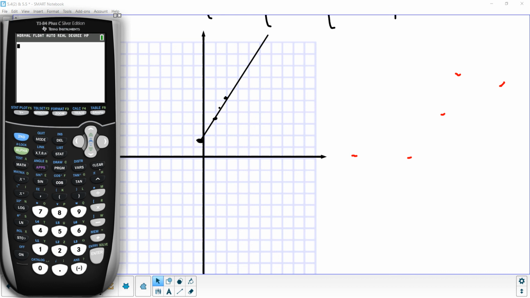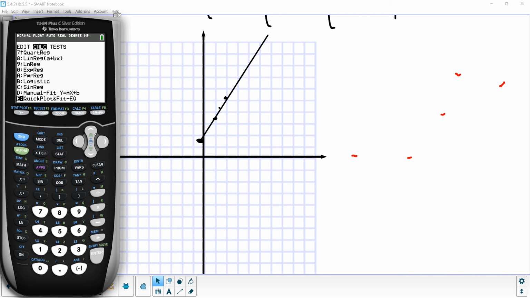Once you have your data in, you're going to press Stat. And this time you're going to go to Calculate. Depending on what you've typed in, you can calculate all kinds of things with those numbers in the lists. What we want to calculate is a power model. It's towards the bottom, and the quickest way to find it is actually to go up, and then it'll put you at the bottom of the list.